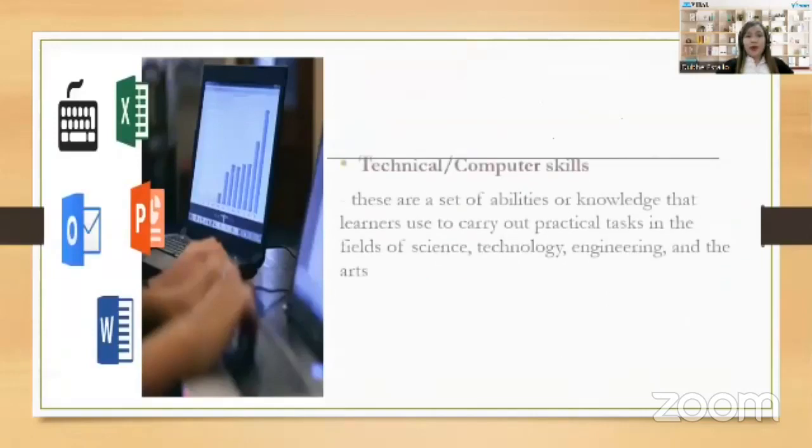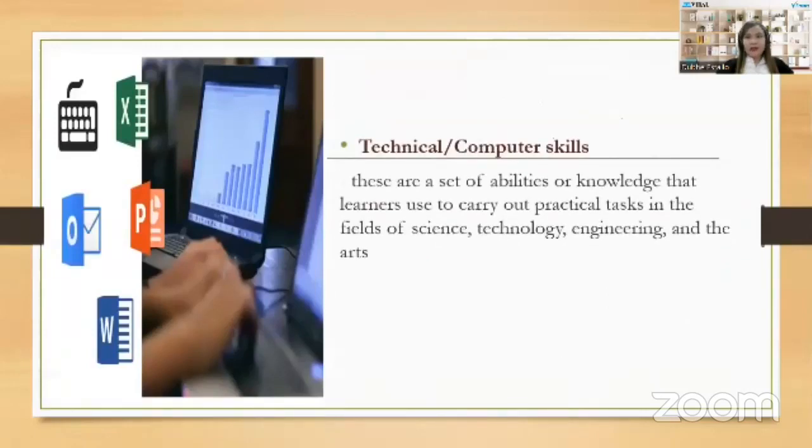Let's move forward with technical and computer skills, which are undeniably very much needed and very much important, especially at this time of the pandemic. These are a set of abilities or knowledge that our learners use to carry out practical tasks in the fields of science, technology, engineering, and the arts.